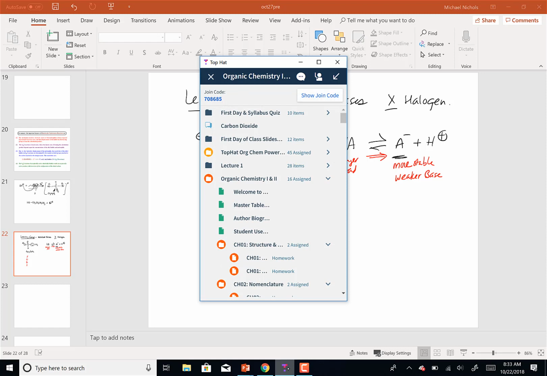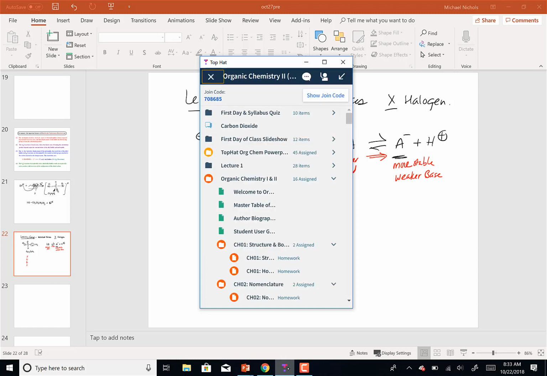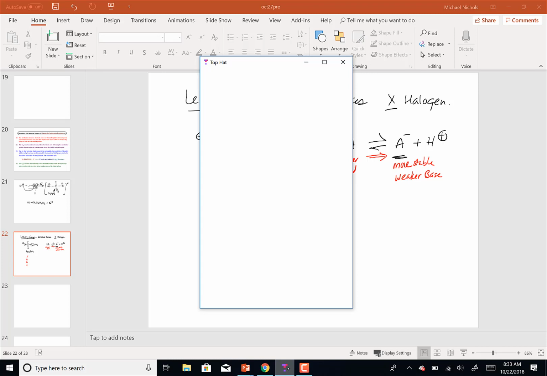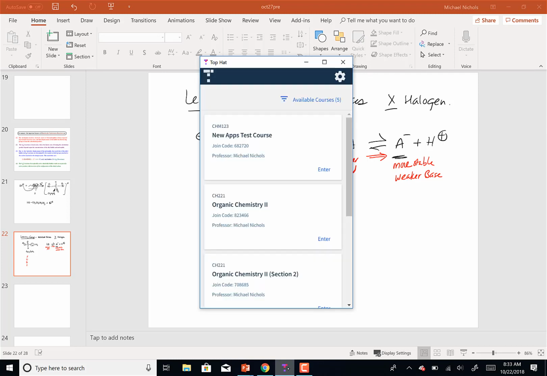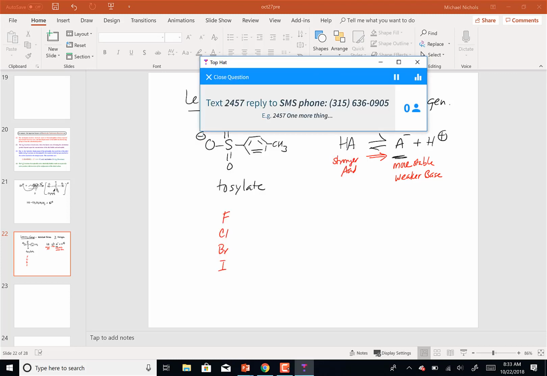Since we will give you some chance for some participation points, let's make this a word answer. Just put the letter, you don't need to put the negative charge on it. Which one of these is the best leaving group? F, Cl, Br, and I.